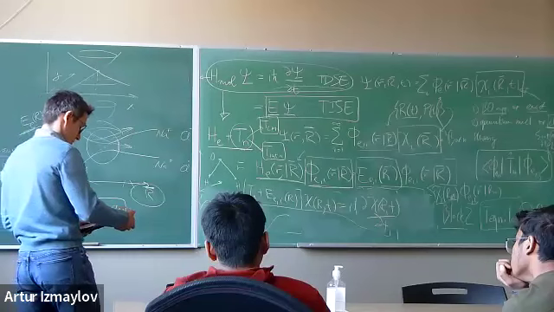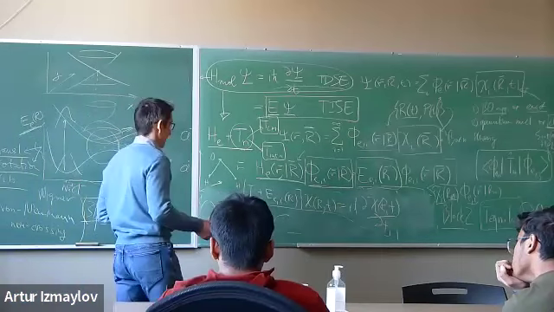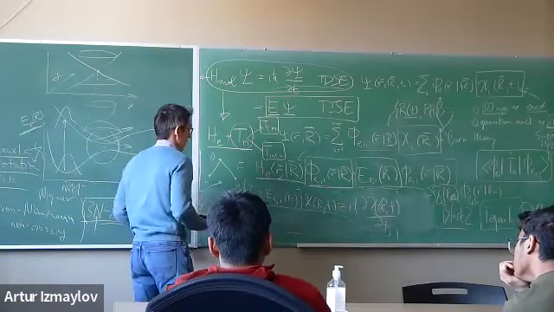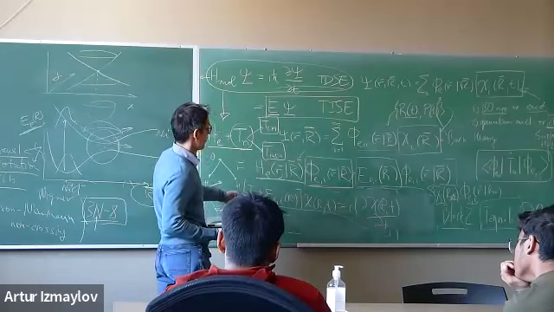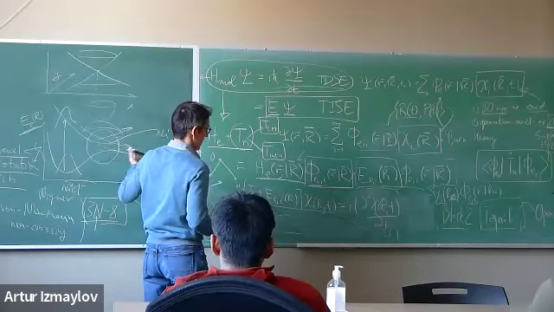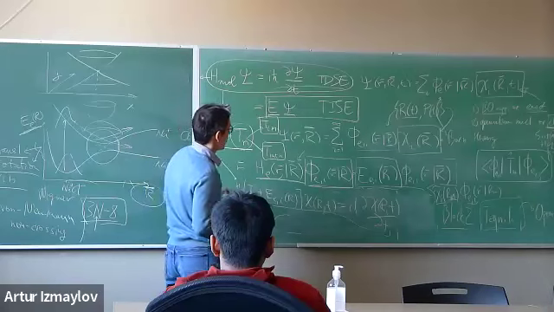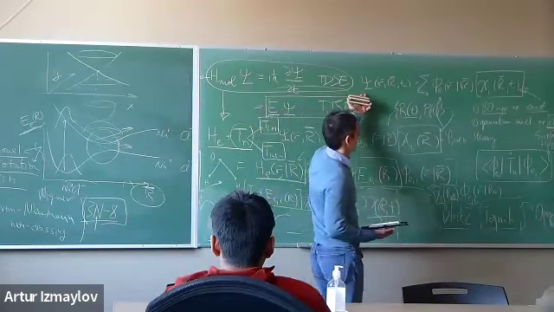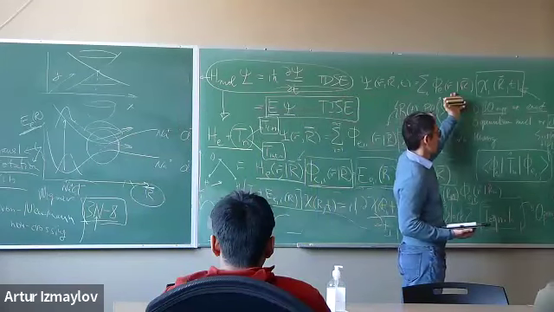Okay, so let's consider what the nuclear equation will be if we have two surfaces that are close to each other. So we'll be talking about this equation, but this part is already known.